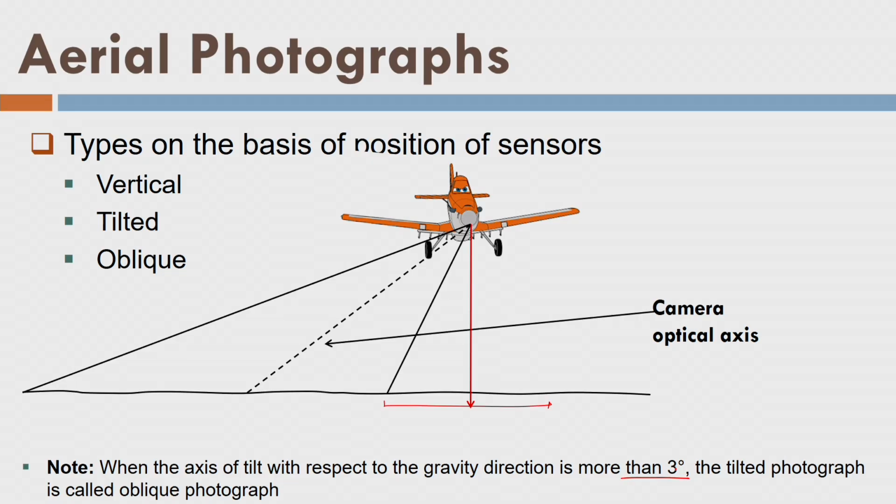If I have this gravity direction and the optical axis is within 3 degrees of it, it is called a tilted photograph. In a vertical photograph, there is no deviation between the camera axis and the gravity direction. That is called a vertical photograph. There could be some random error, but knowingly we do not commit any error there. But in a tilted photograph, the deviation is up to 3 degrees, and then it is called a tilted photograph.